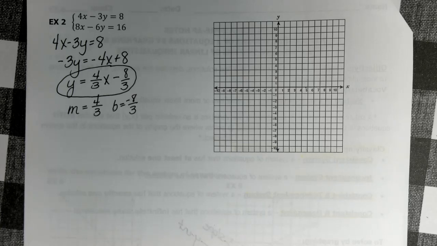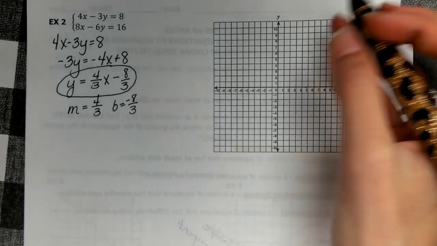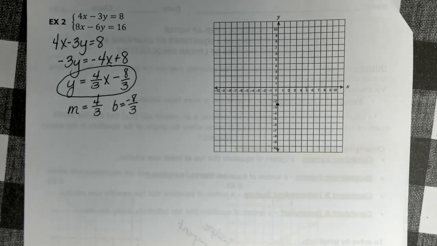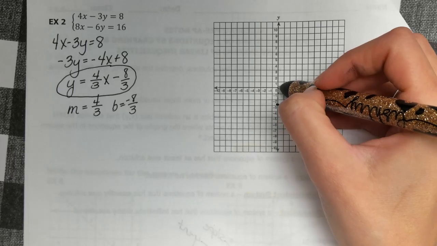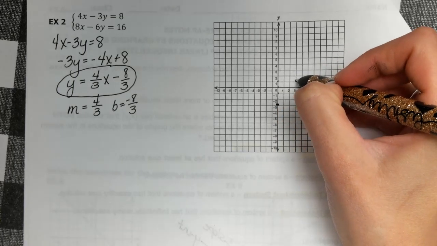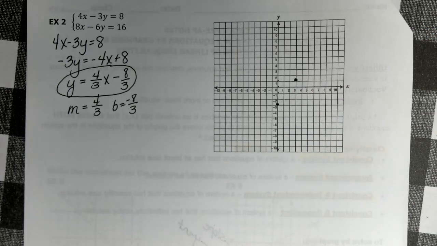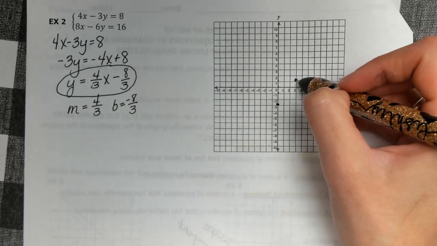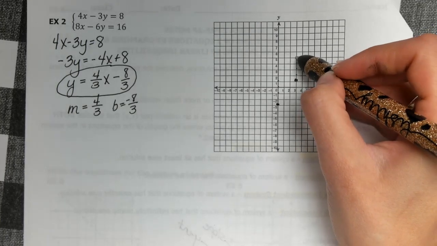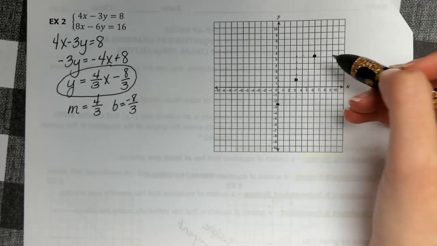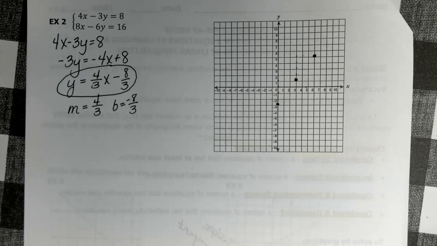Okay, how are we going to graph negative 8/3? That's negative 2 2/3. Okay, so right about here. And so we're going to go from there and go up 4 to the right 3. So you're at 3 and 1 1/3, really. And then go up 4 to the right 3. So now you're at 6 and 5 1/3. Okay.